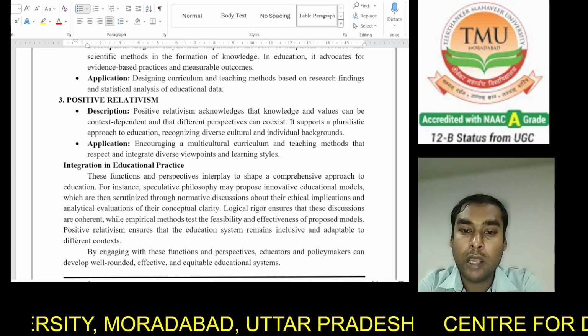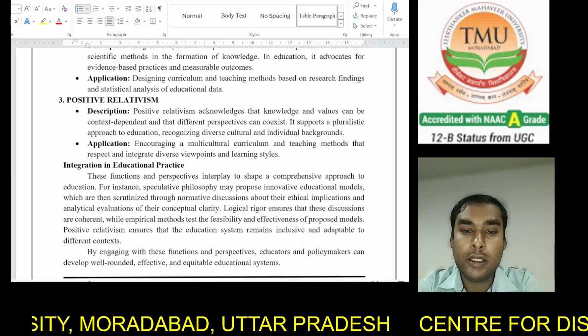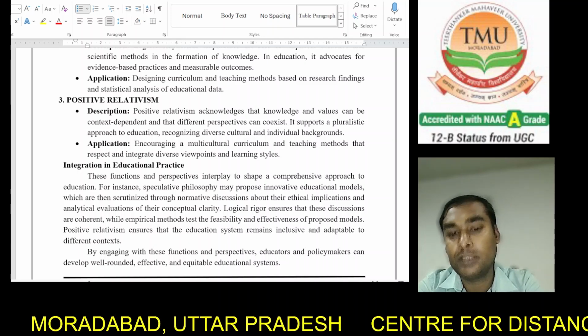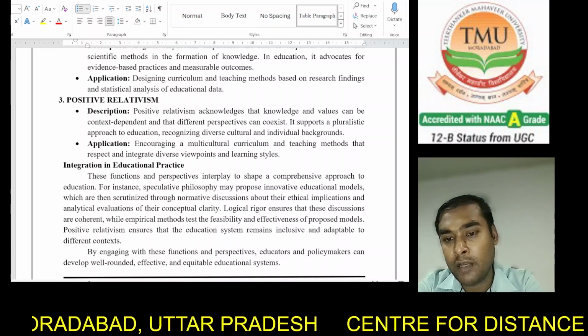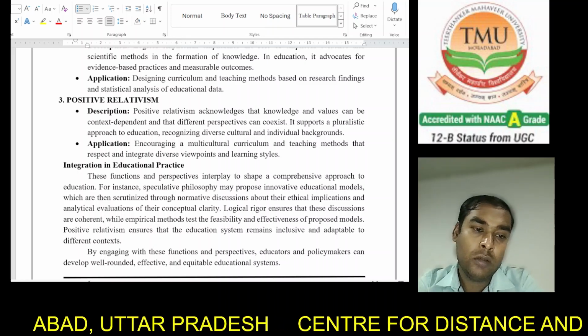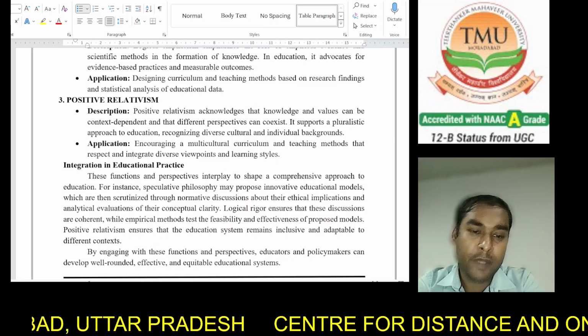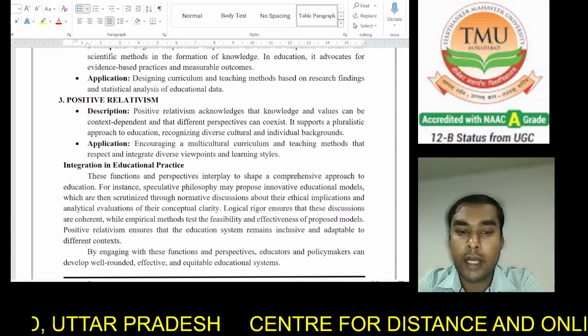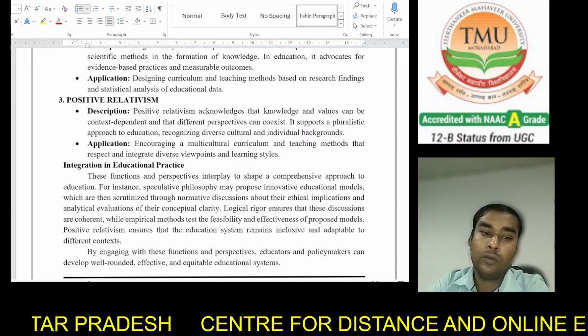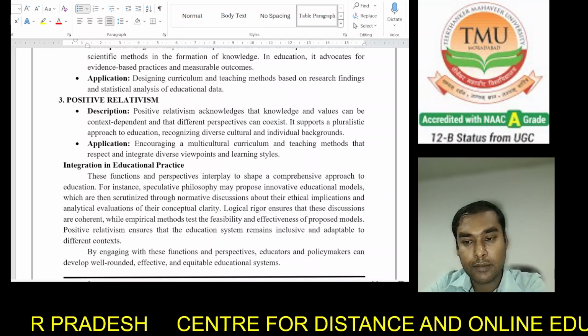Logical rigor ensures that these discussions are coherent, while empirical methods test the feasibility and effectiveness of proposed models. Positive relativism ensures that the education system remains inclusive and adaptable to different contexts.